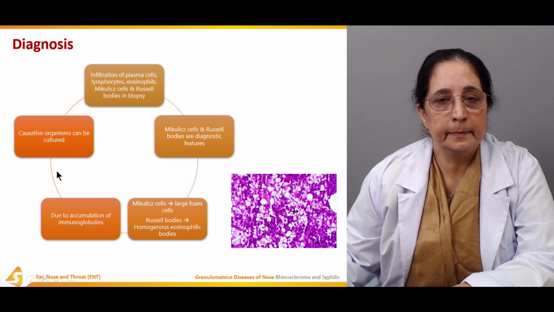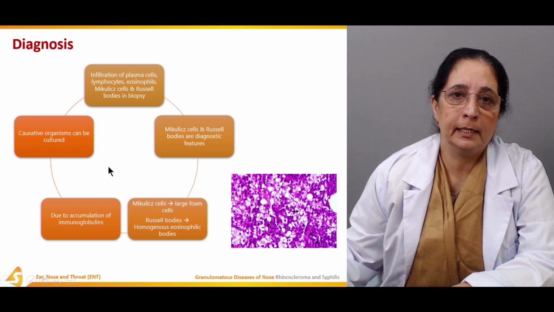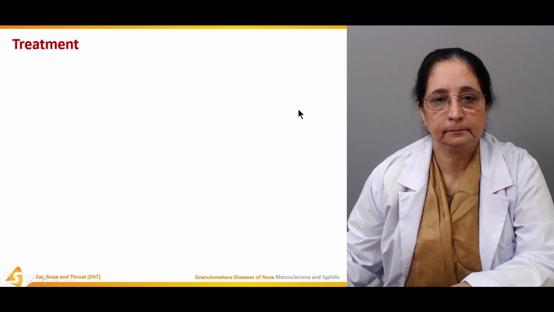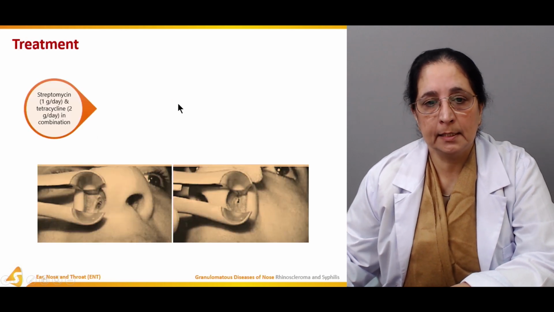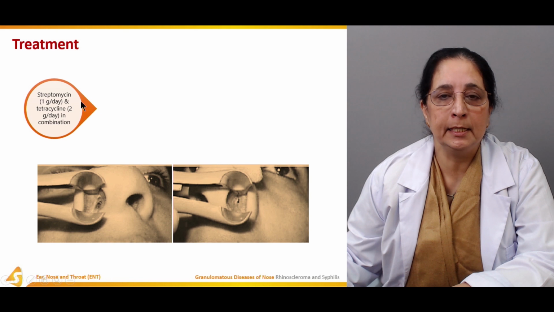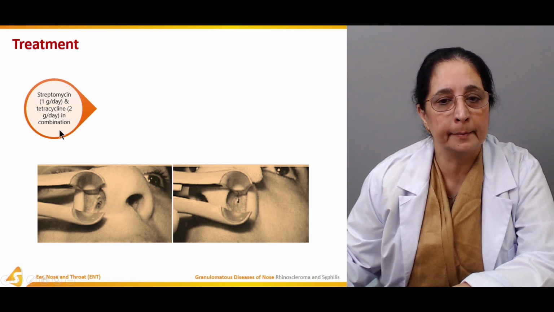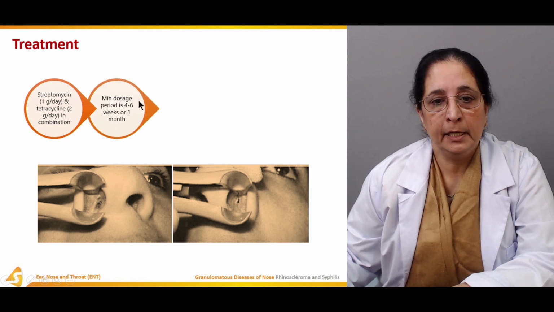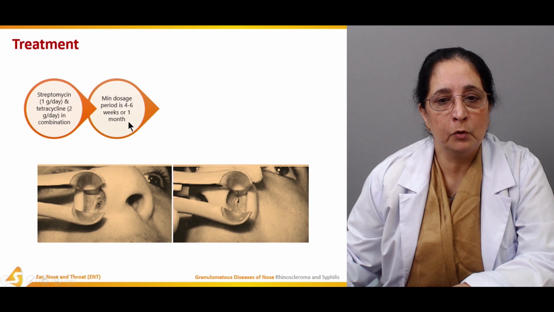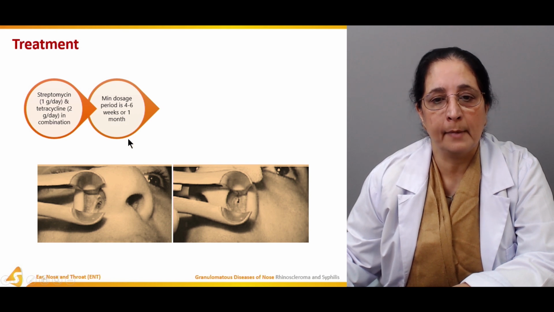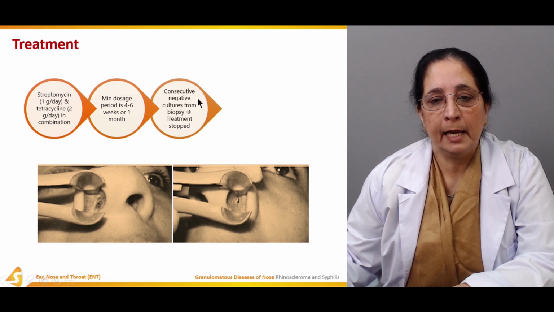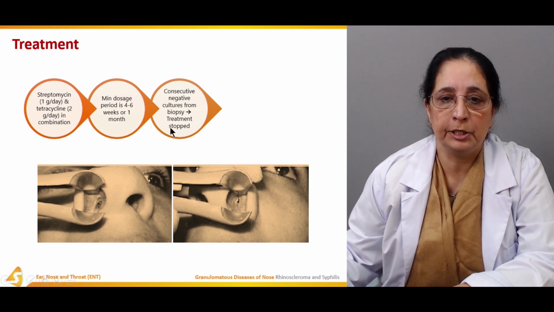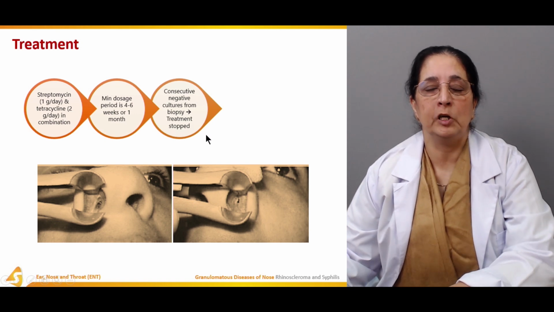Causative organisms can be cultured in this condition. Treatment is streptomycin 1 gram per day and tetracycline 2 grams per day in combination. Minimum dosage period is 4 to 6 weeks or 1 month. Then once we have consecutive negative cultures from biopsy, the treatment is stopped.